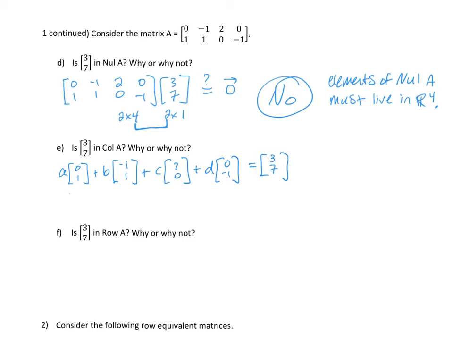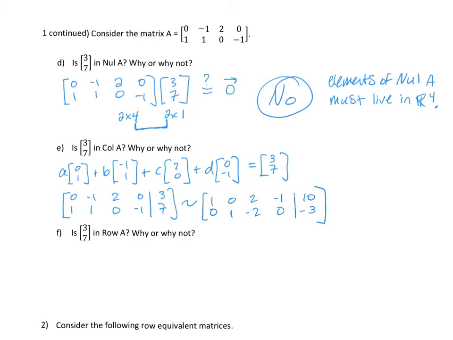So to solve this, you make an augmented matrix and row reduce. And you get [1, 0, 0, 1, 2; -2, -1, 0, 10, -3].